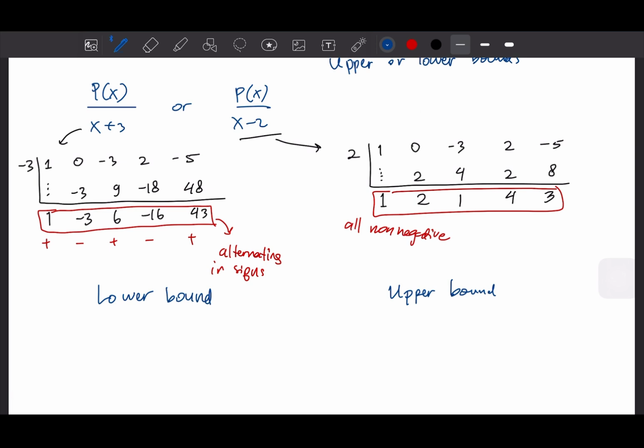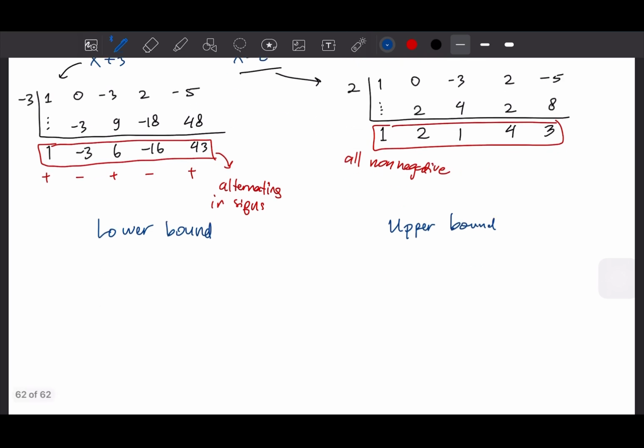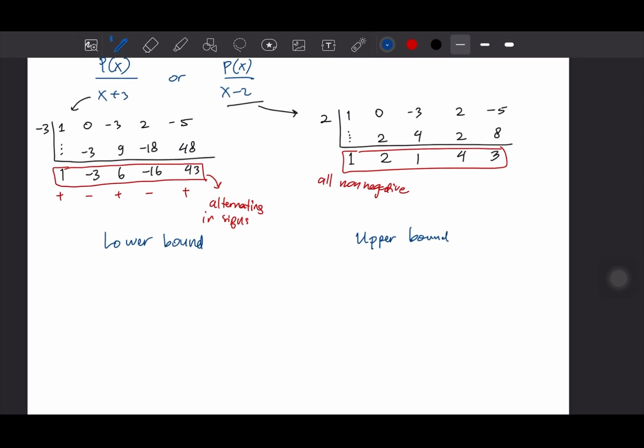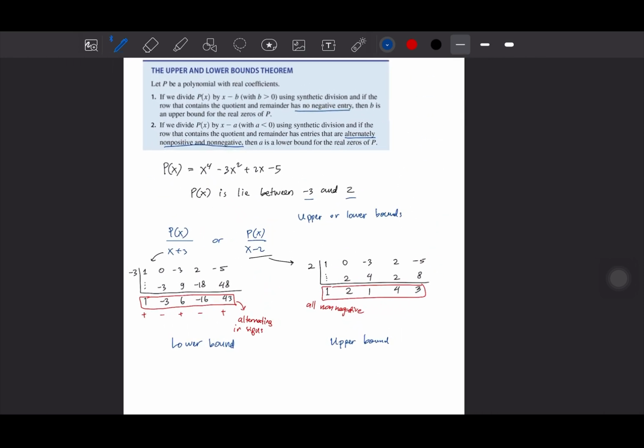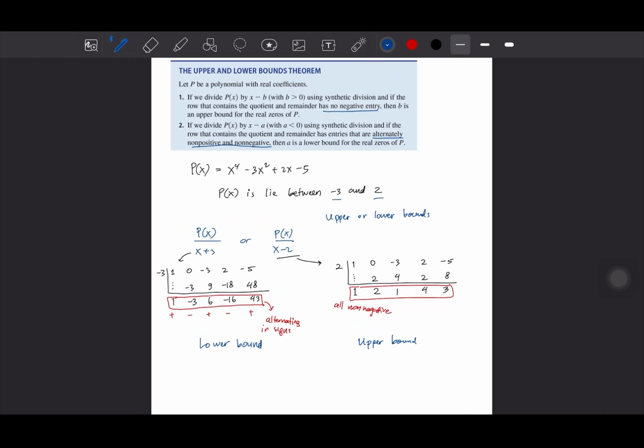If it is alternating in signs, then it will be a lower bound. Okay, so I think it's quite understandable. That's the first part of our course. Next, we are going to set some examples of how to use Descartes' rule and then find the real zeros, and so on and so forth.